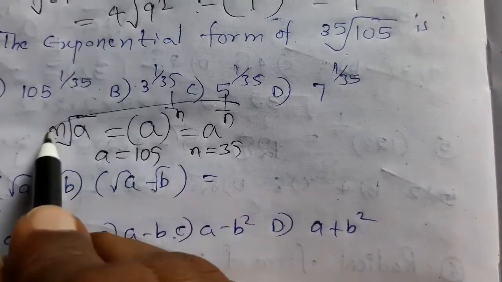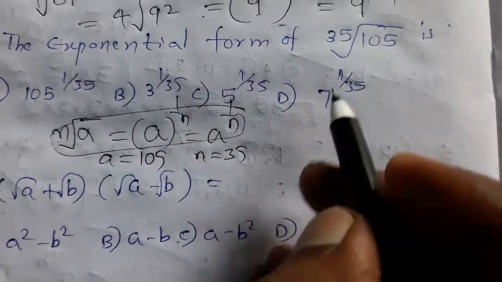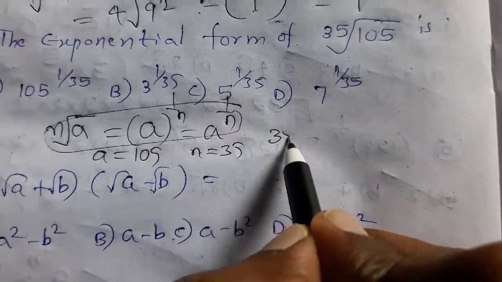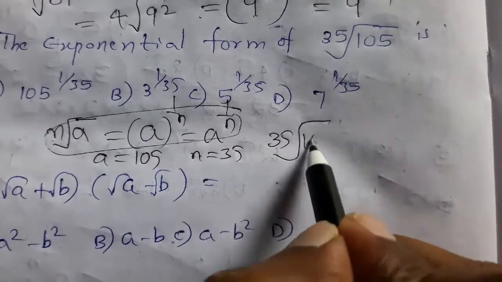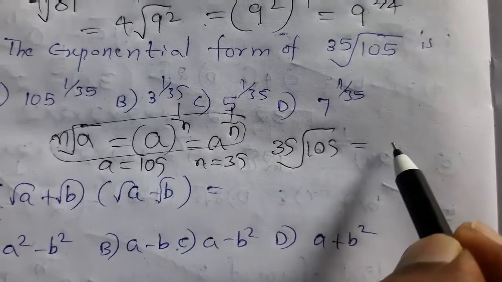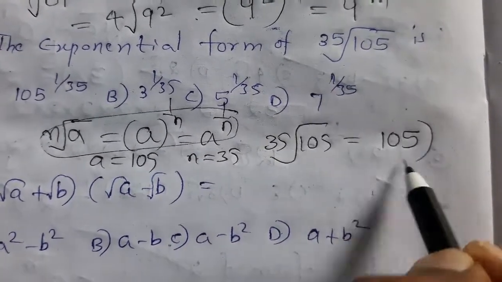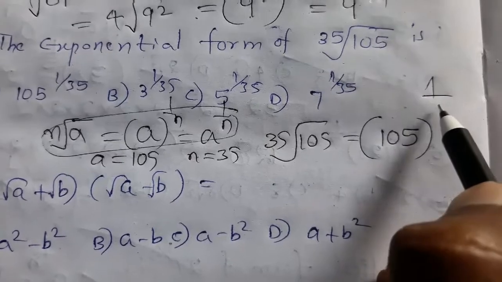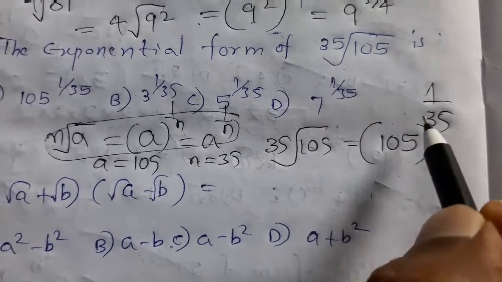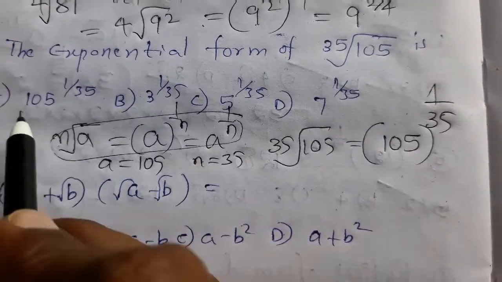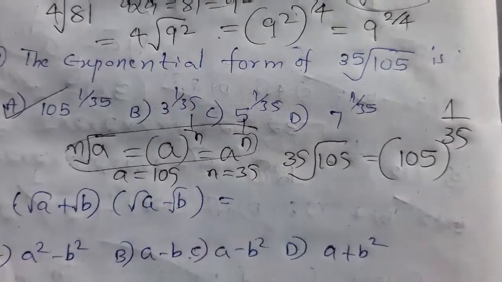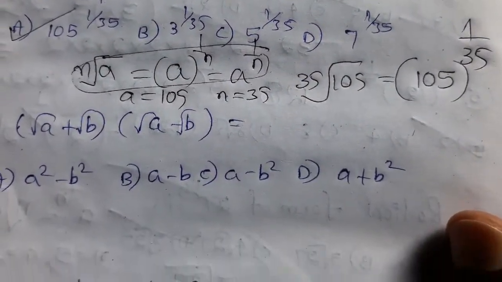So this can be written in this form: the 35th root of 105 equals 105 whole power 1 by 35. That means option number A is the right answer of the given question.